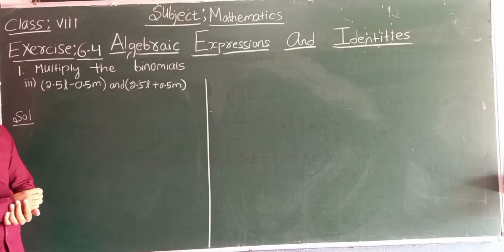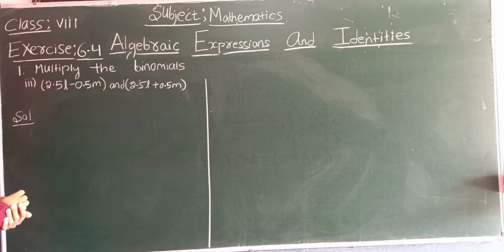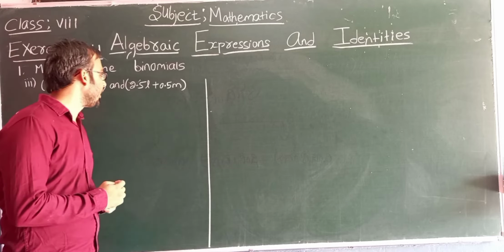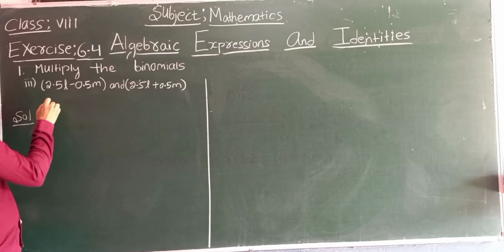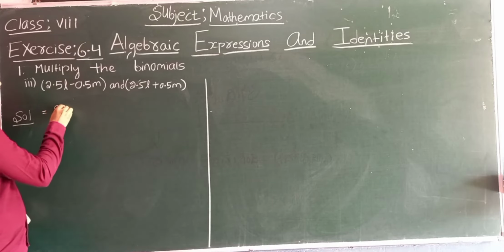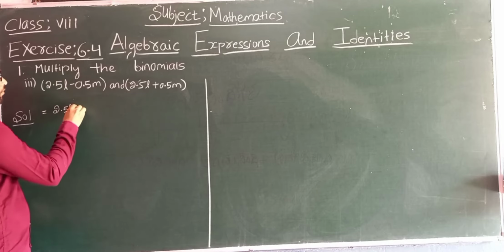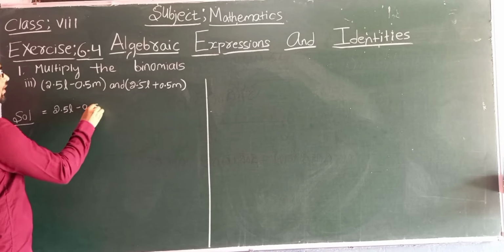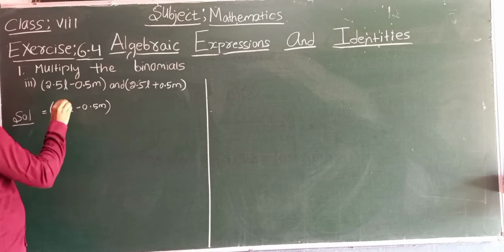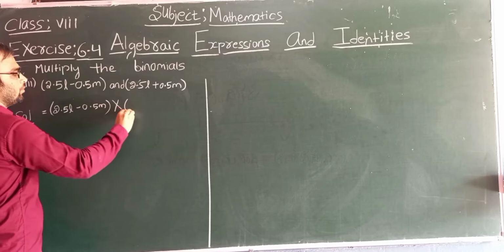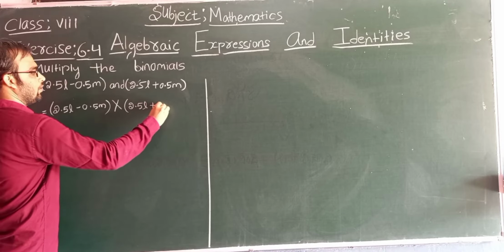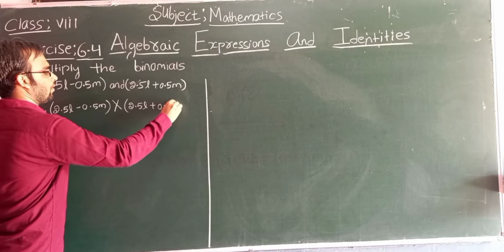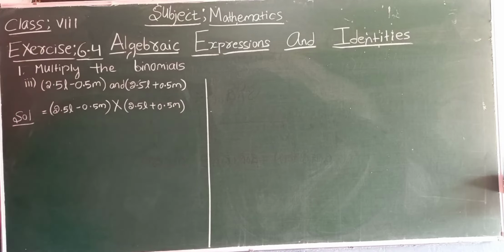Students, now let's solve the third question. Here what they are given: 2.5l minus 0.5m and 2.5l plus 0.5m. Write this one as it is: 2.5l minus 0.5m into 2.5l plus 0.5m.